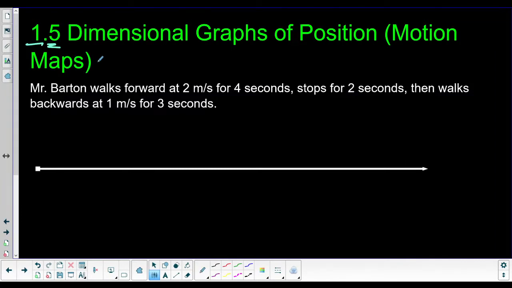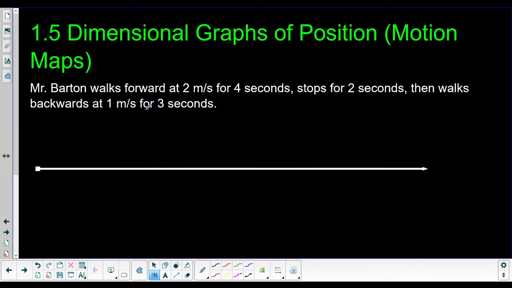So I'm going to call them 1.5 dimensional graphs of position. Another name for these I've heard is a motion map, but this is a good way to represent what's happening in a problem. And it's going to teach us some important stuff about the spacing between an object when it's moving at a constant velocity.